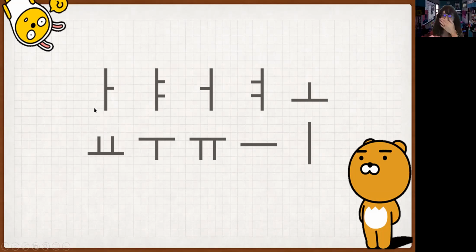Should I go faster? If you go really fast, this is a, ya, o, yo, u, yu, eu, e.